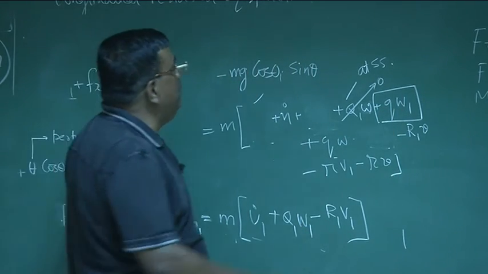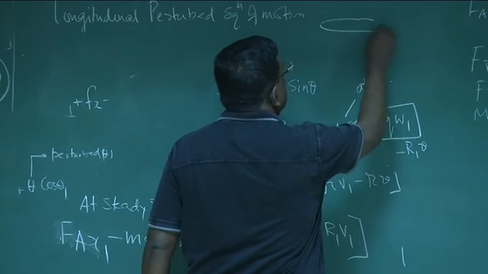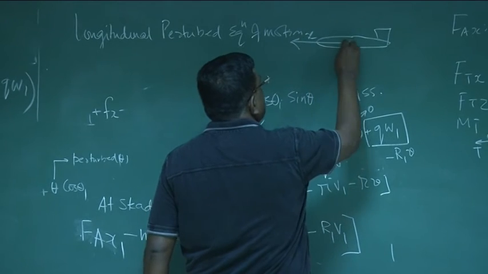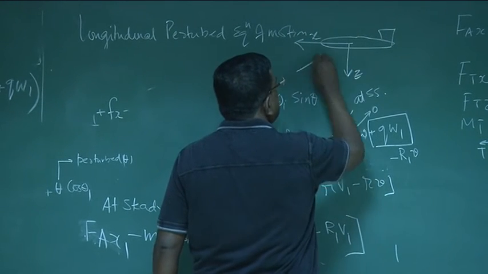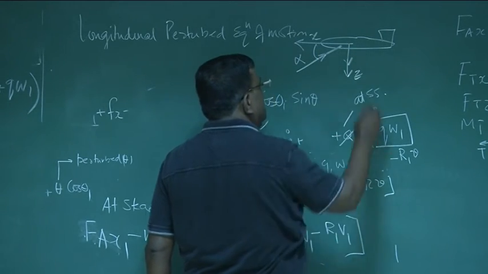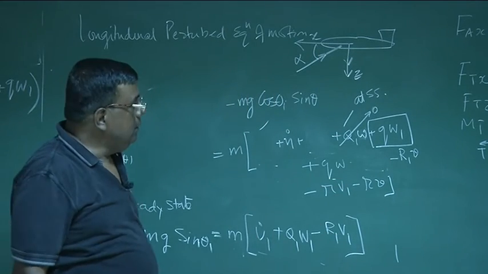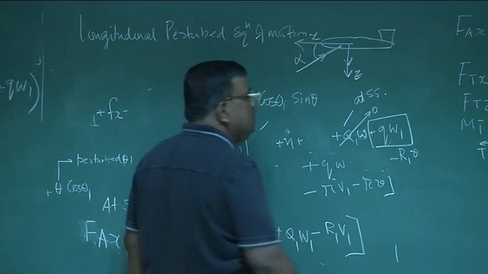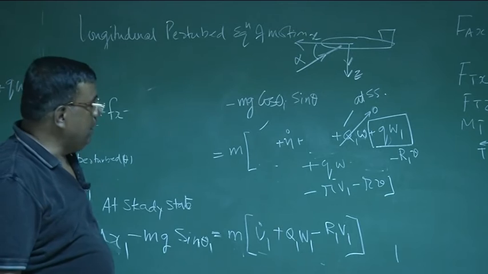What is w1? W1 need not be 0, because this airplane axis is x here, z here, and it has some angle of attack, alpha. So the component of velocity along the z direction is w1 at steady state. So this will not vanish, and q is the perturbed quantity. It is there, so it will not vanish.